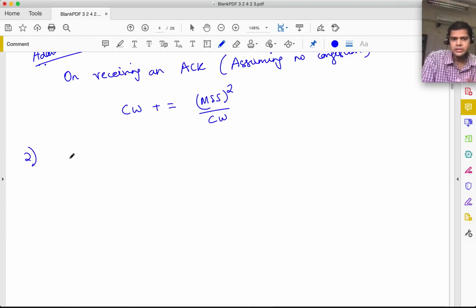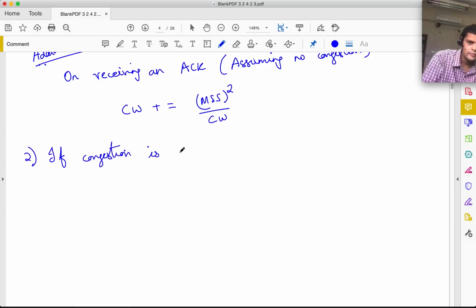We don't want to congest the network, we want to relieve the network of congestion, so we drastically reduce the window size. So if congestion is detected, decrease window size aggressively.